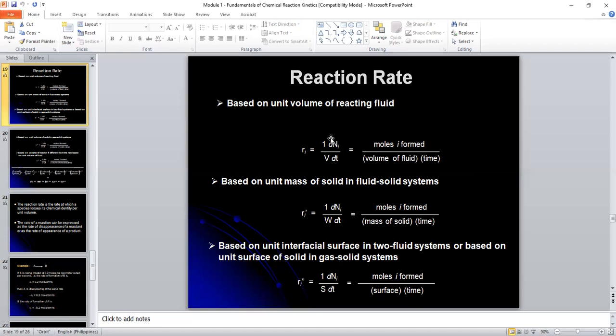So using this particular expression, with the derivative and volume here, it's based on unit volume.